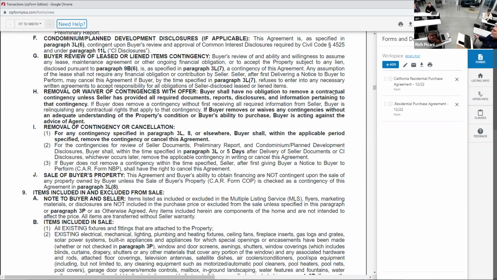You want something in writing from a lender saying the loan is approved. Don't say we have until today to remove it, we've got to remove it, don't say that, unless you're given a notice to perform, which you have 2 days to perform. Then there is no pressure to remove a contingency, it doesn't go away. This is an active contract.